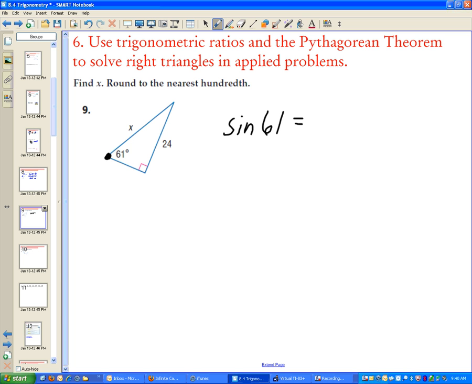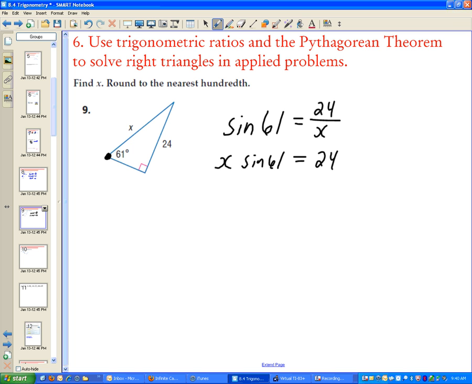What's opposite? 24 over hypotenuse, x. So multiply both sides by x to clear fractions. So x times the sine of 61 equals, multiply x times the right, just get 24.